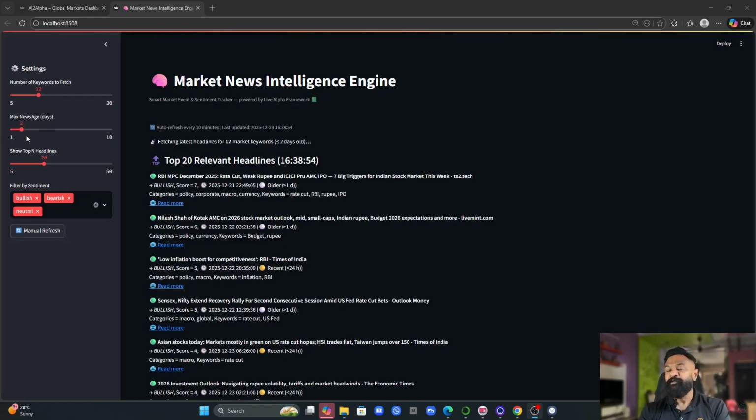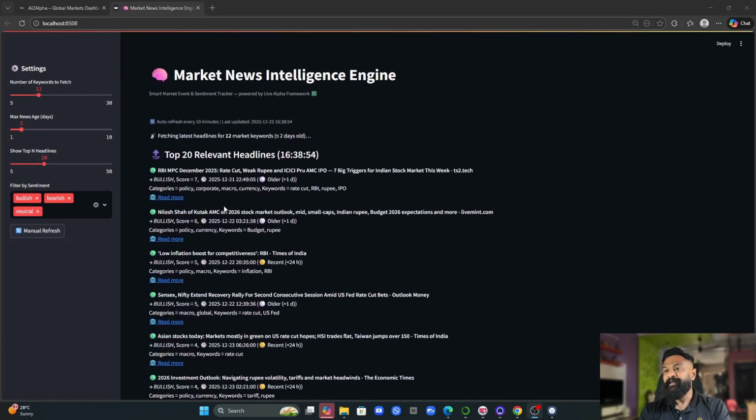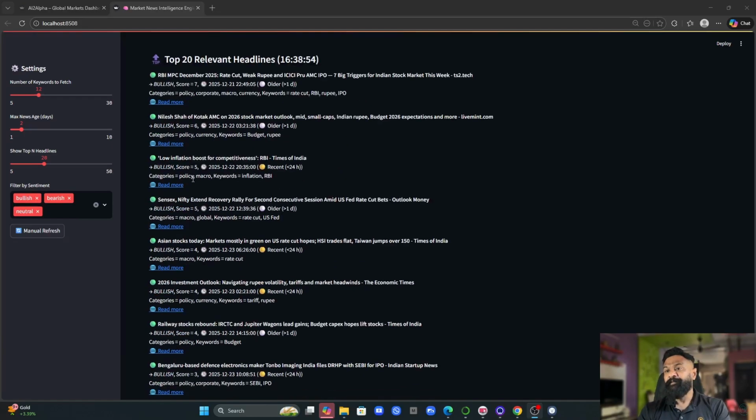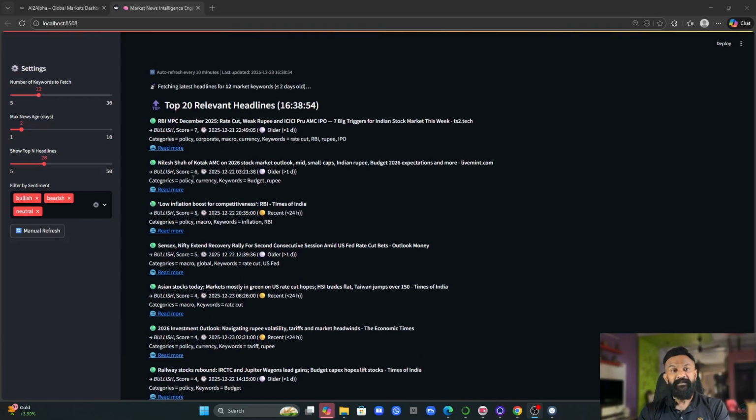Now I have set it for 2 days, so I don't get news older than 2 days. I get the headlines, and there is also a score. This is defined with the help of AI: based on the content of the news, whether it is going to affect the market positively or negatively. And I can run this engine every 5 minutes.